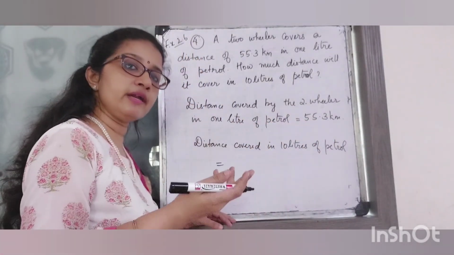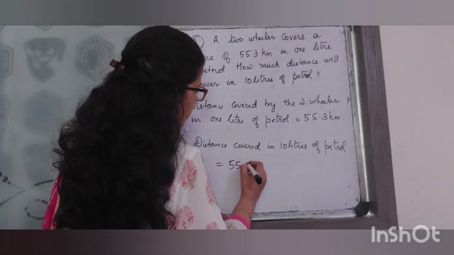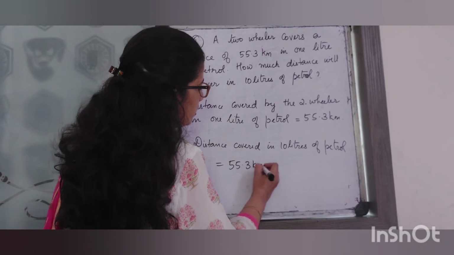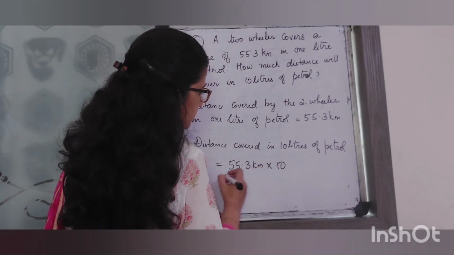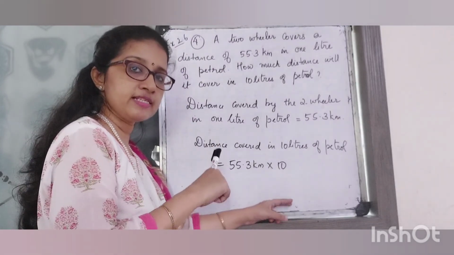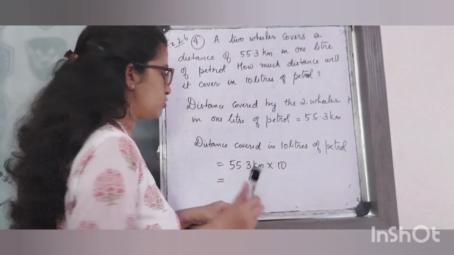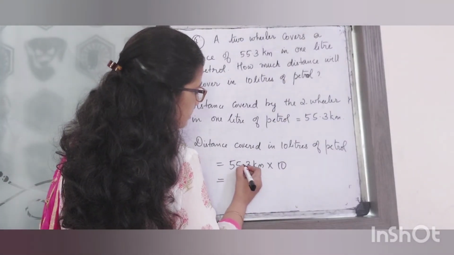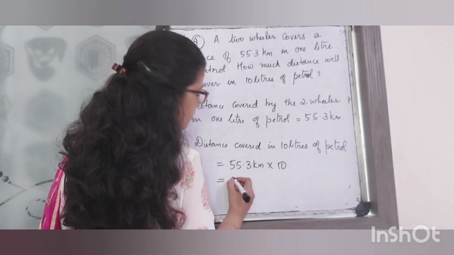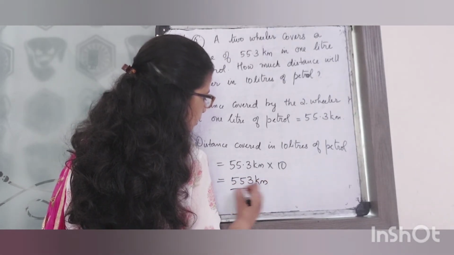So for 10 liters, how many kilometers? 55.3 kilometers into 10 is equal to, what should we do? If you are multiplying by 10, shift the decimal point 1 digit to the right. So what is the answer? If you are shifting this decimal point 1 digit to the right, 553 kilometers will be the answer.